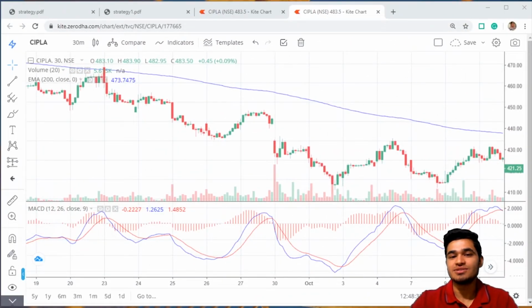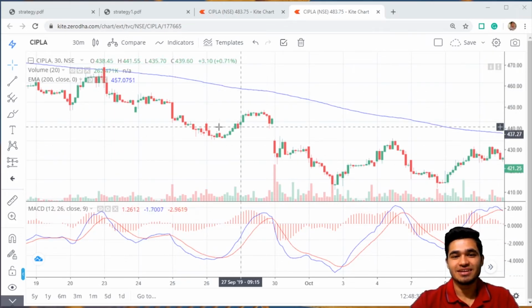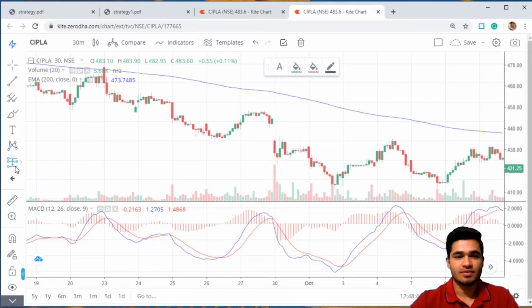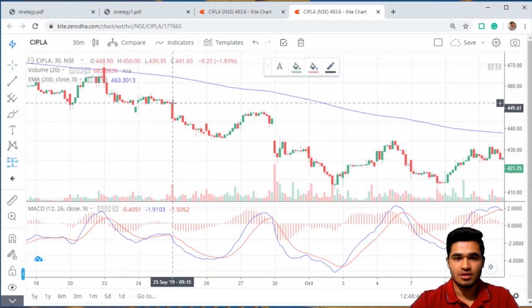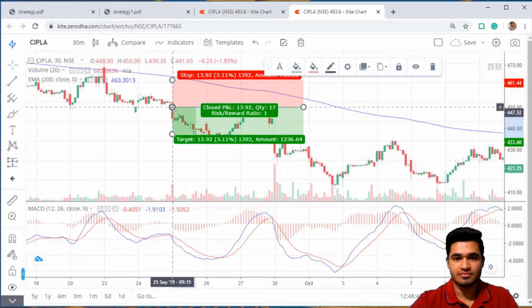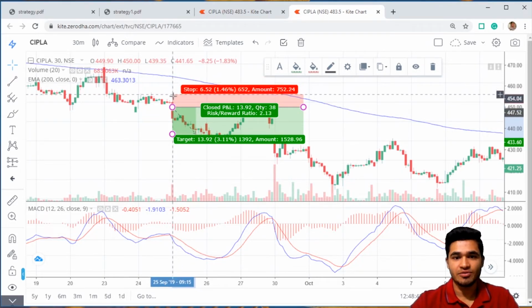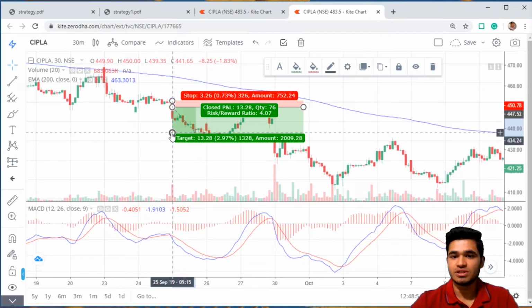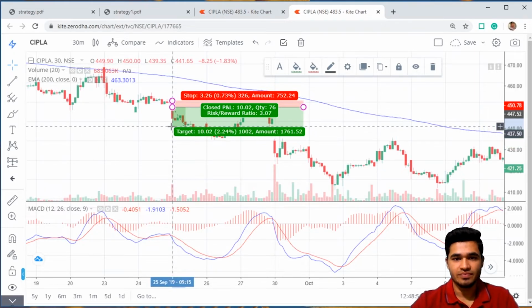Now let's see how risk to reward ratio works in the chart. This is a downtrend. Imagine you're selling over here. So this is your point of selling. We'll always have to have a stop loss above that. And as I showed you before, the risk to reward ratio can even be 2.